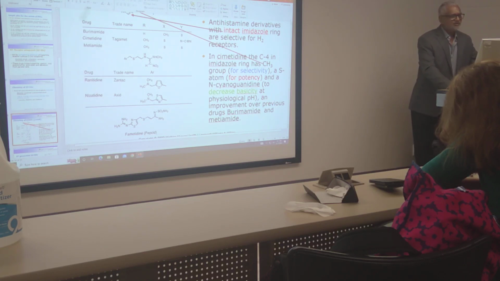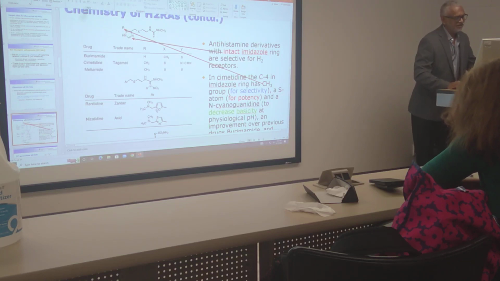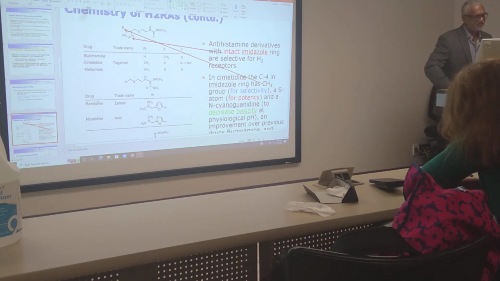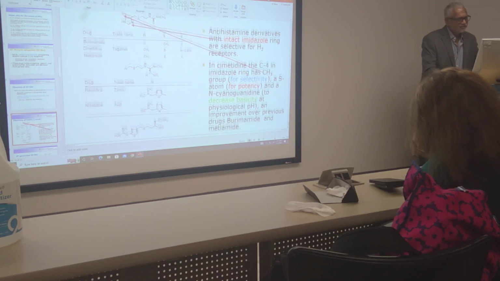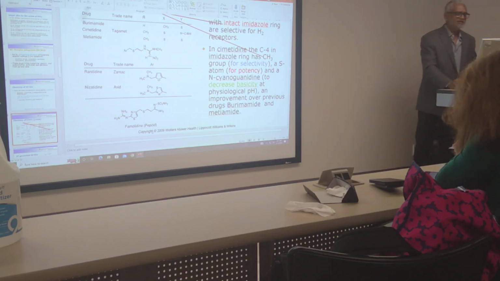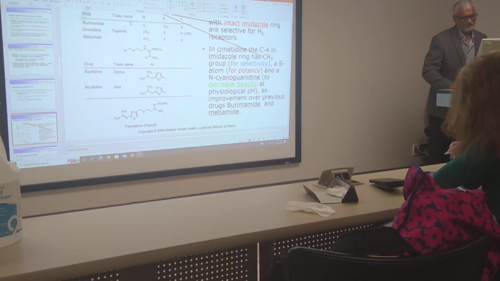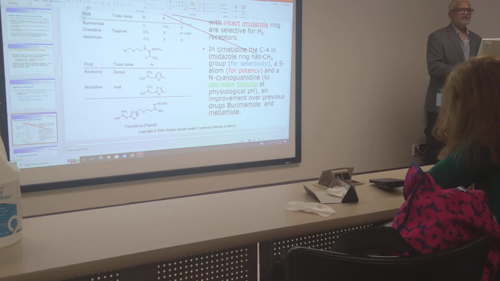So they thought, we don't need the imidazole ring, we can play with it and replace it with a heteroatom ring, like the oxygen containing ring here in the case of ranitidine, a sulfur and nitrogen containing ring in nizatidine, and famotidine has altogether a bigger structure replacing the imidazole ring. That made the second generation drugs have fewer side effects.